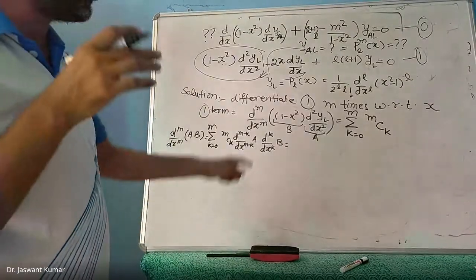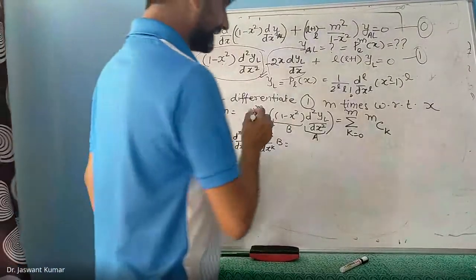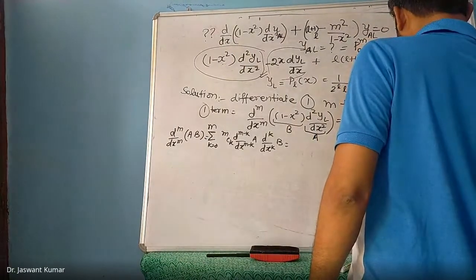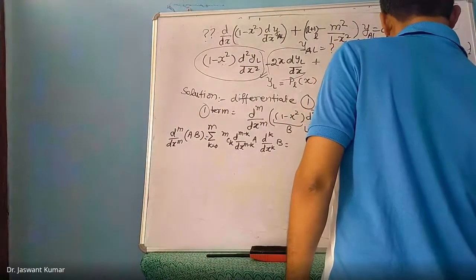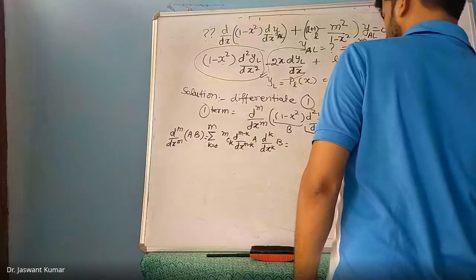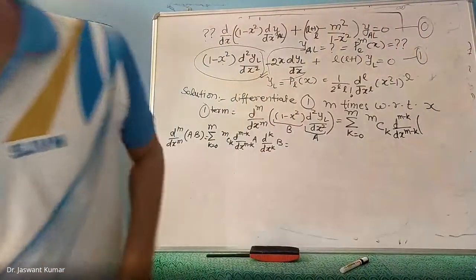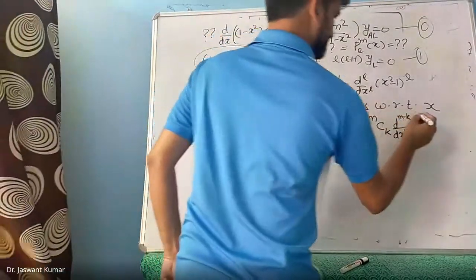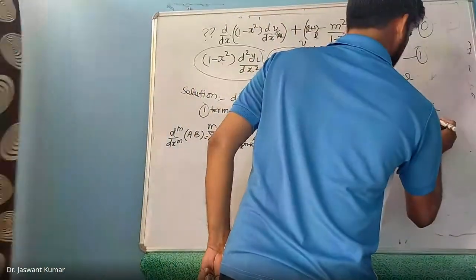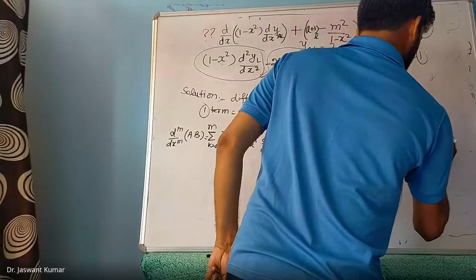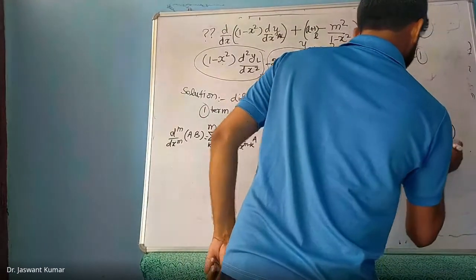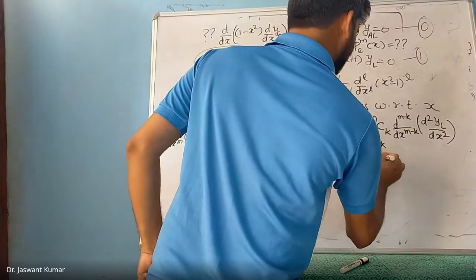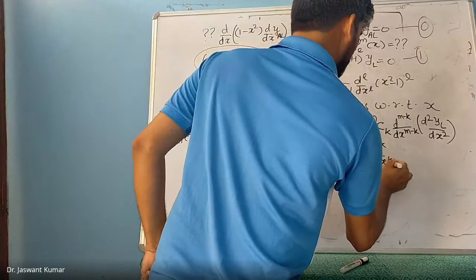If you take it like this, then you get d^(m-k)/dx^(m-k) of d2yl/dx2, this is term A, times d^k/dx^k of B. What is B?